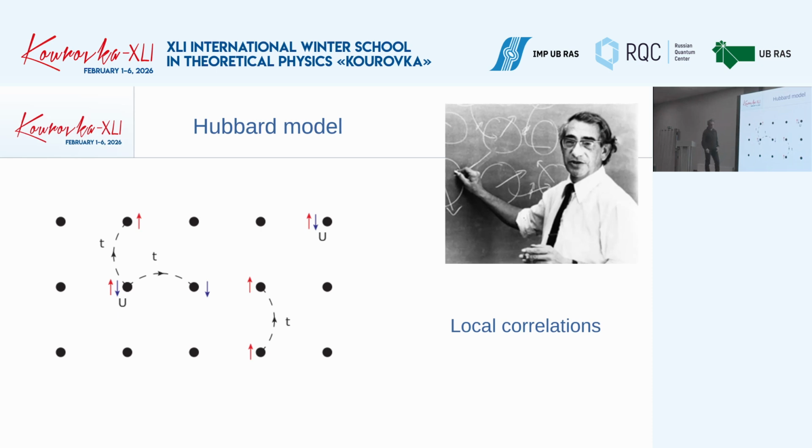And this makes the localized wave functions energetically more favorable than the Bloch waves. This is what we call local correlations. So you see, there is no idea of fluctuations here. In this language, you can call it Coulomb blockade, whatever, but this is local physics. This is not what was initially proposed by Mott. So Hubbard means locality, and actually these two concepts somehow coexist and compete to this day.